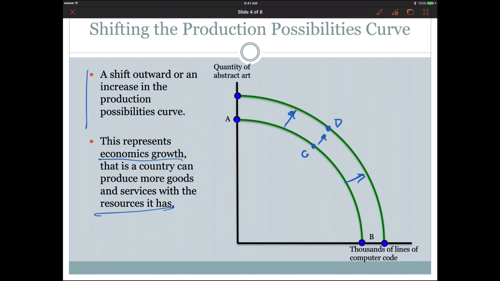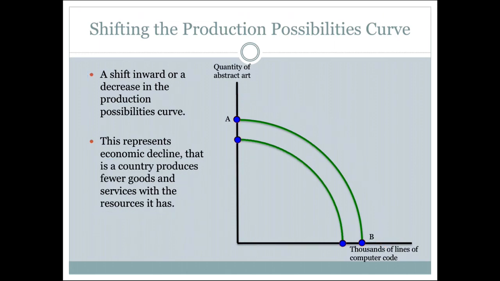Now, what about a shift inward of the production possibilities curve? This would be economic decline. This is happening in Venezuela, or this could be the result of a civil war. Or take World War II for example.